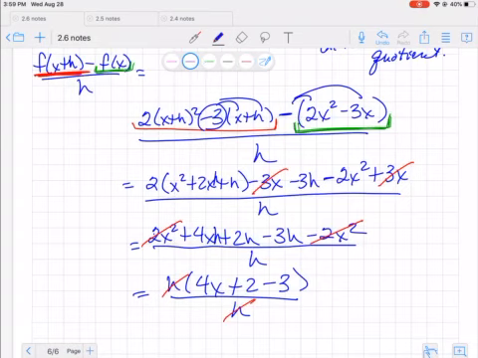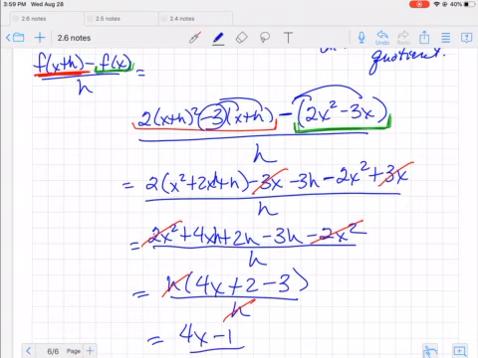Take care of those. And now I end up with 4x minus 1. All right? Pretty cool, right? 4x minus 1.